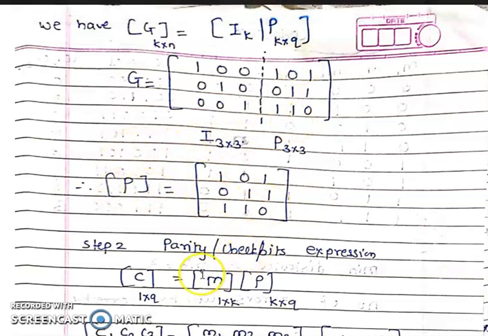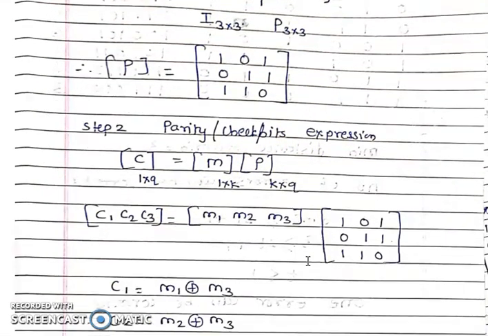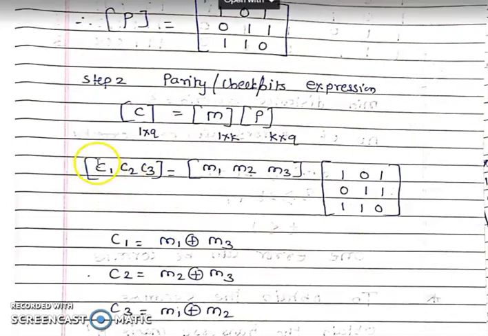Now step 2. The expression for the check bit matrix, or parity matrix, is the check bit matrix equal to the message matrix times the parity matrix, whose dimension is 1 into Q. Here the message matrix is 1 into K and the parity matrix is K into Q. We know all the values of N, K and Q, so we will write the equation accordingly. The check bit matrix is 1 into Q. The Q value is 3, so it is 1 row and 3 columns: C1, C2 and C3.